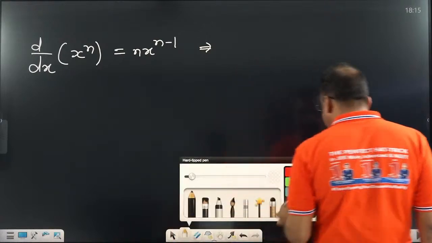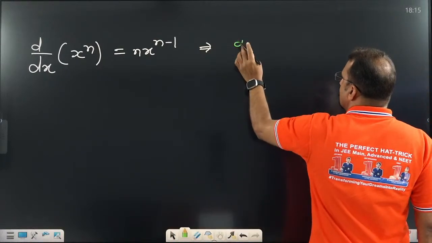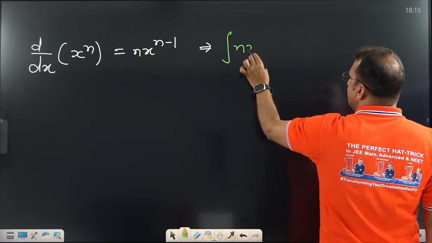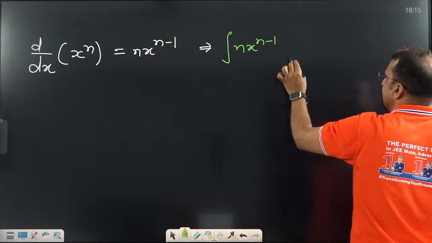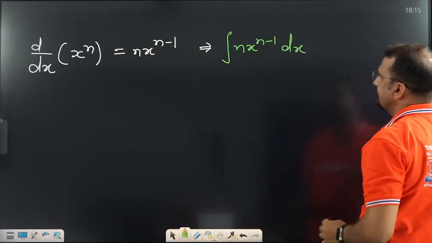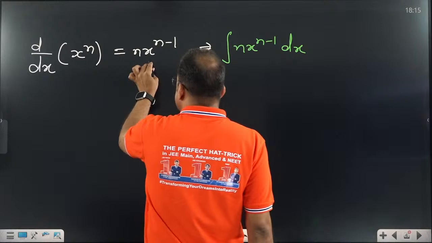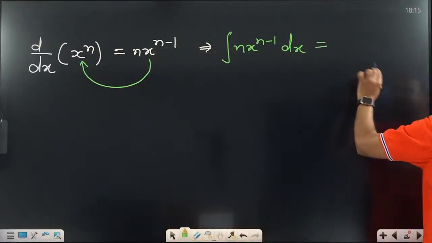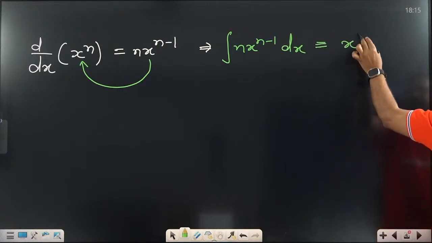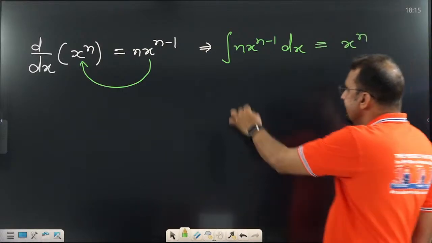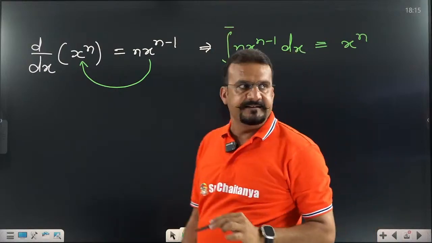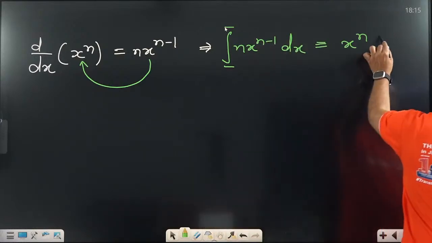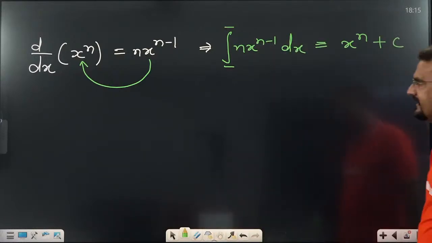It means that if you are going to integrate n into x power n minus 1 with respect to dx, you know that this is the differentiation of x power n. Then the integration will be x power n. But one more thing, if there are no limits assigned, this is indefinite integration, and indefinite integration means plus c will be there.